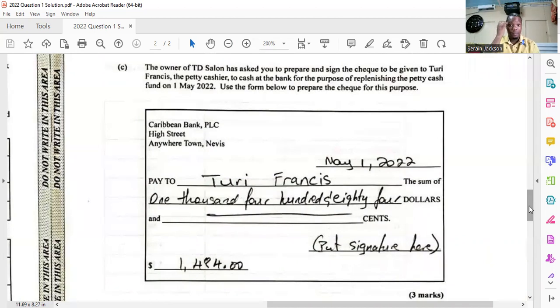And we should use the form below. So first and foremost, they ask you to give a check to Thury Francis. So all you need to do is just write up this check. So you write the date, you put in the name of the person and the amount of money, which is 1,484, and you put your signature there. This was 3 marks.